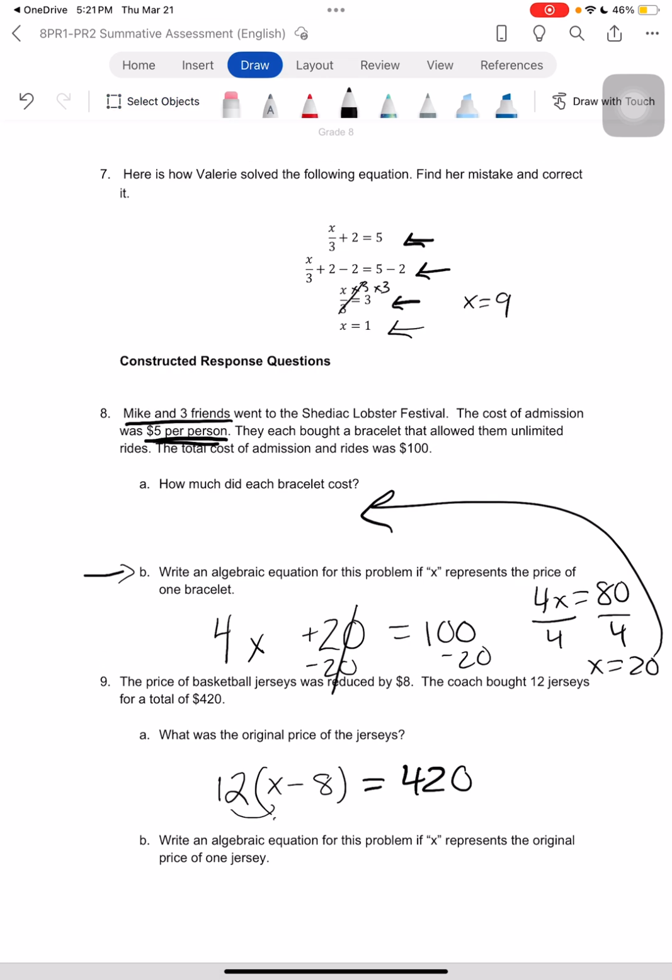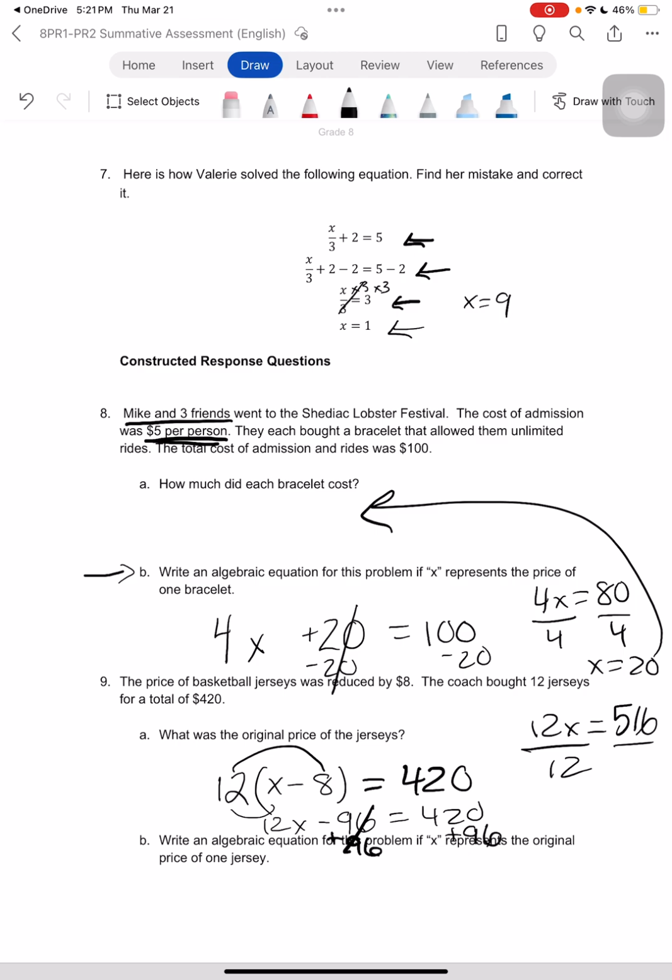So 12 times x is 12x. 12 times 8 is 96. So it's negative 96 equals 420. So we're going to add 96 to both sides. Then I'm left with 12x equals 516.